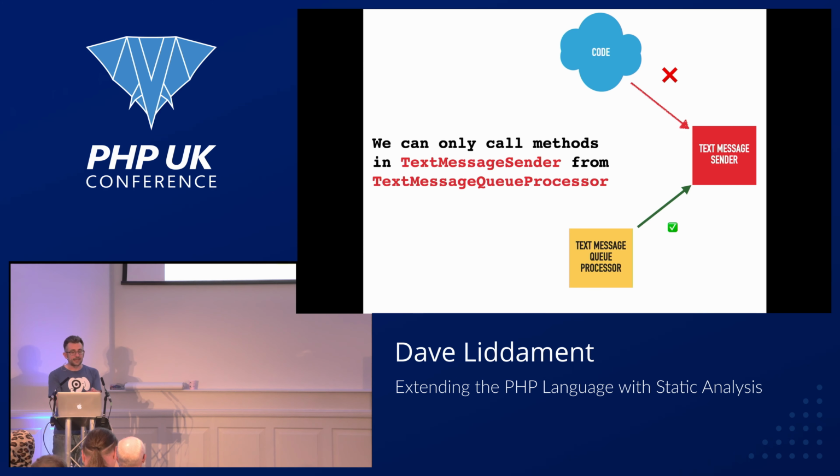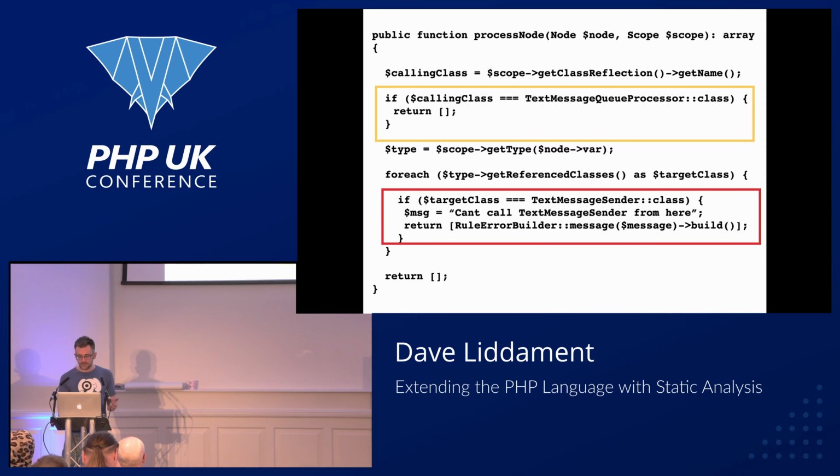So if we're doing that, we need to tell people that this is a problem. And we know this is a problem if we get to the red box at the bottom, and the class we're acting on is text message sender, because if we were in the text message queue processor, we would never get this far because we've exited, and that's the code in the yellow box at the top.